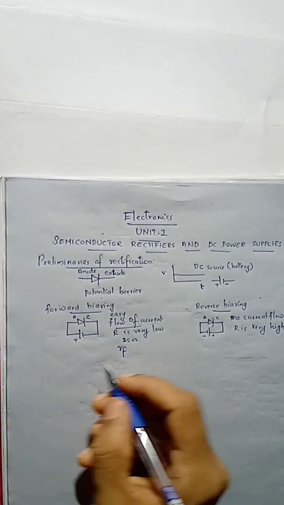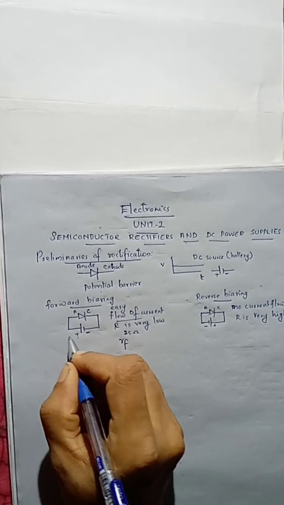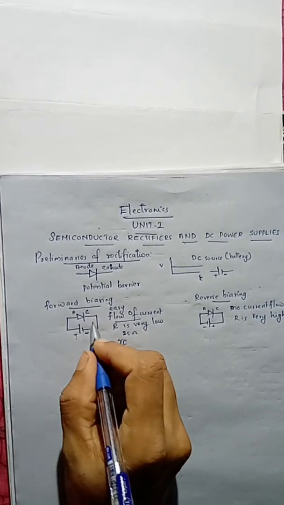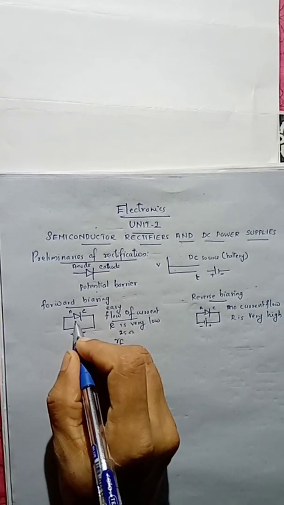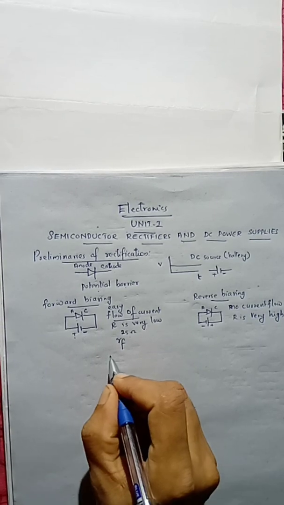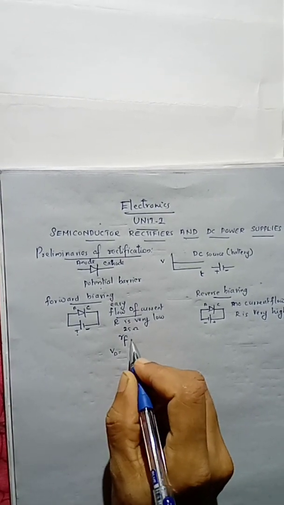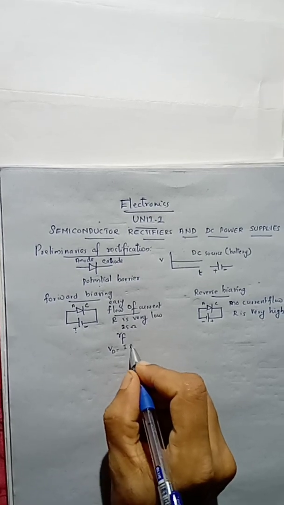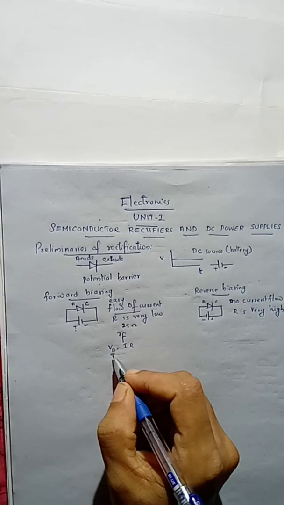Now, suppose current is flowing through this PN junction diode. Since the resistance here is very low, the voltage drop across the diode will be very low, because resistance in this case is very low.